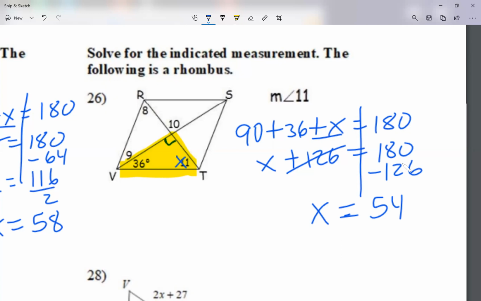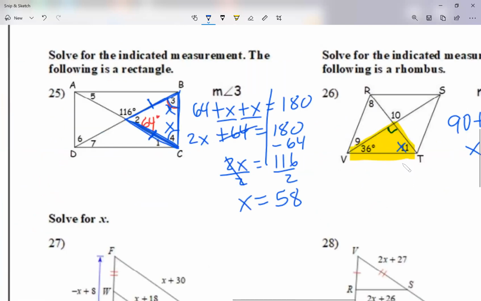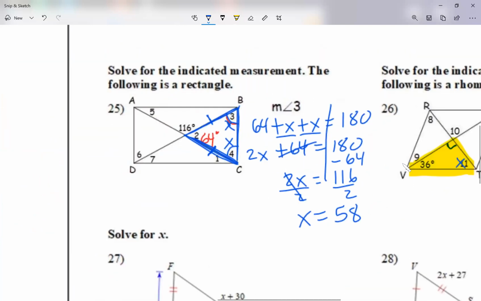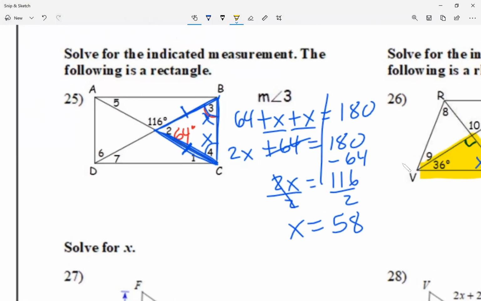Couple more things I'm going to give you guys that might help you for other questions. On a rectangle, we solved for angle 4, right? Angle 3. Angle 3 and angle 4 were the same thing, 58 degrees each. Now, angle 1. One cool thing on a rectangle. Let me highlight in yellow.